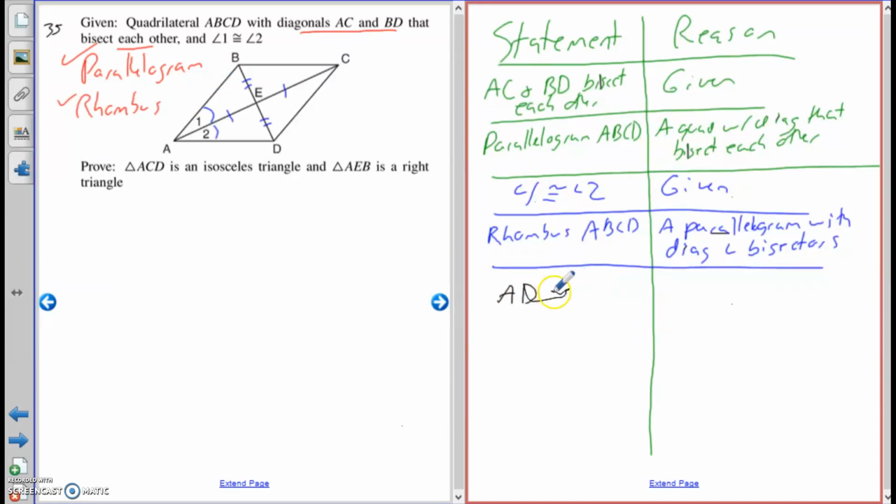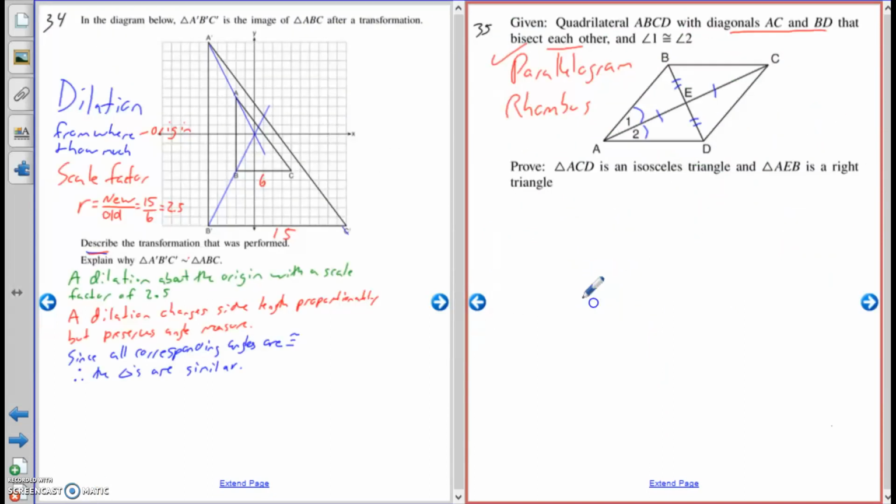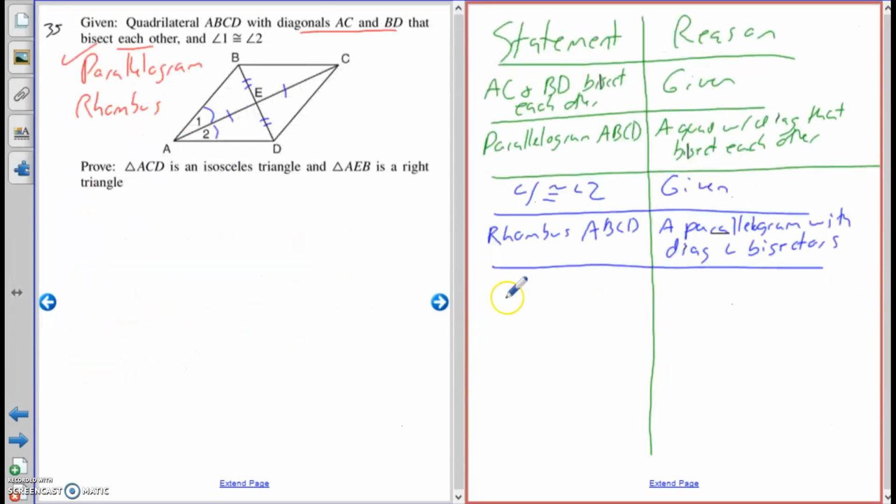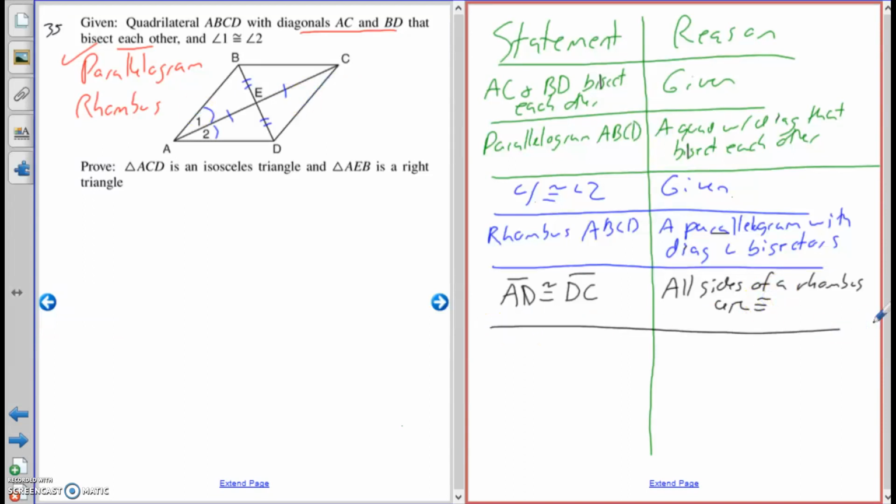And then as a consequence of this being a rhombus, we can say AD is congruent to DC because all sides of a rhombus are congruent.